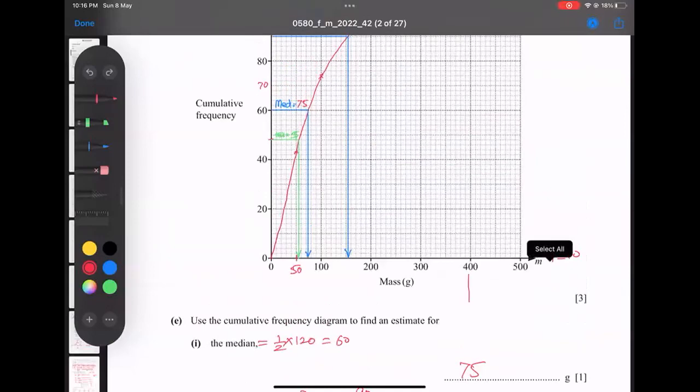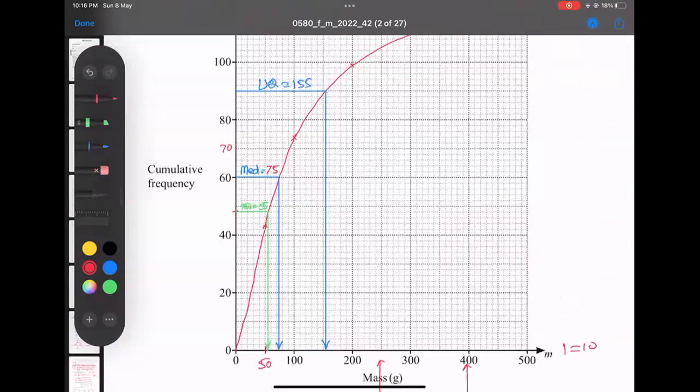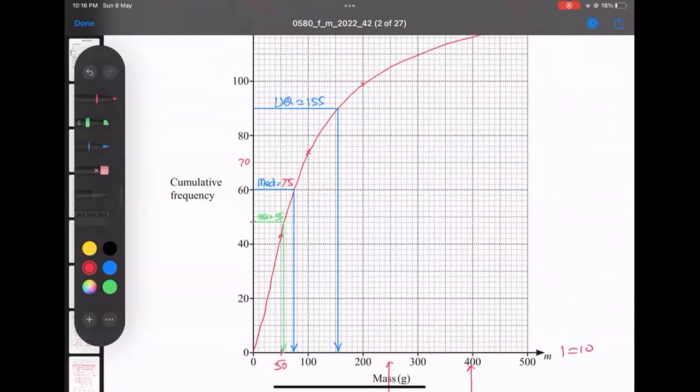400 is here, and 250 is here. Okay, so I note down the number and now let's try to get it. I'm doing this working in blue color, better. So 250.